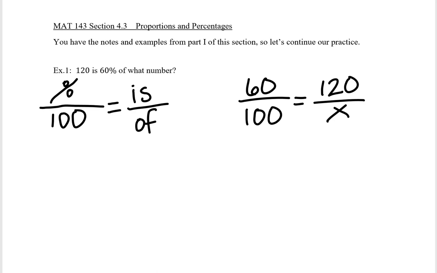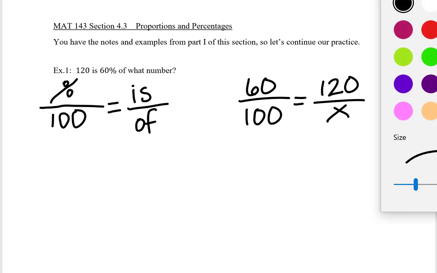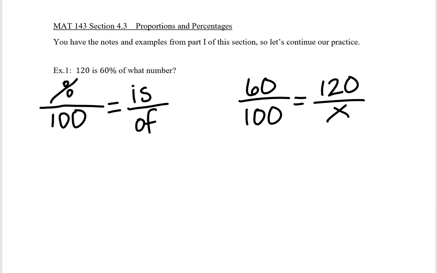Then we're going to cross multiply. Well, not even cross multiply. We could just use the method that we used in class, where whatever you have over here, you multiply by a nice number to get the number that's on top as well.